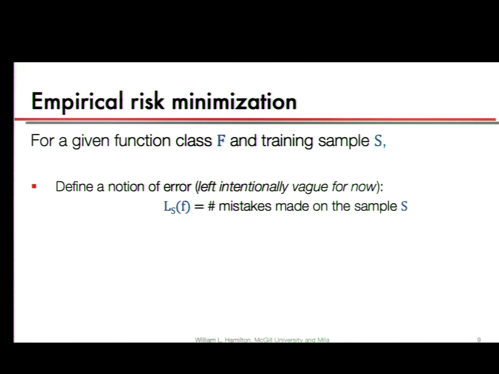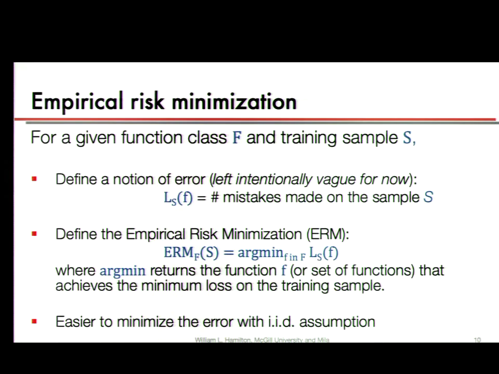This is left intentionally a bit vague right now, but the idea is that we have some notion of how bad we are at predicting our target using our features, and we call this our loss function, or the error function. When we're doing empirical risk minimization, we do exactly what you might expect: we want to find the function in our function class that minimizes this error over the training set. We have the number of mistakes we made within a particular sample within our training set, and we want to find the function that minimizes this error.